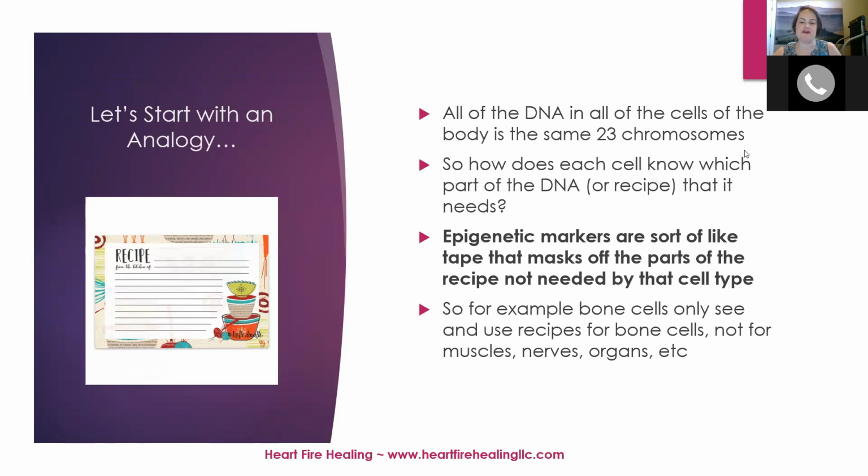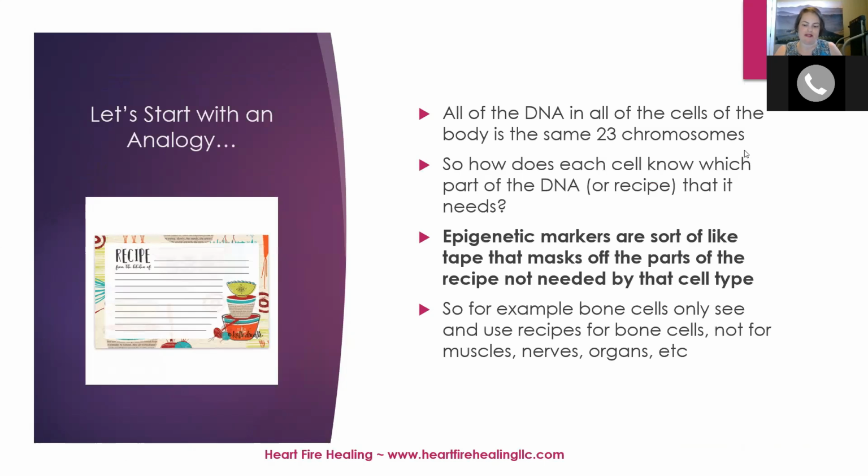So for example, bone cells can only see and use the part of the recipe for bone cells, not for muscles, not for the nerves, not for the organs, not for your hair, not for whatever else is out there. It's only seeing that part of the code that relates to that specific cell type.